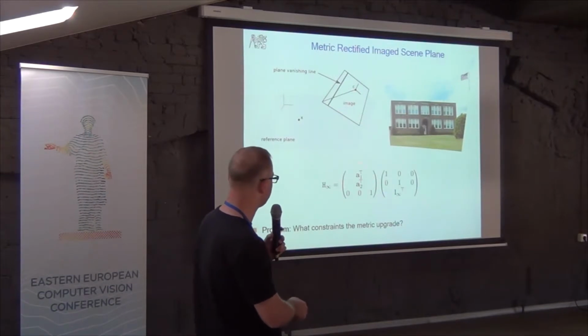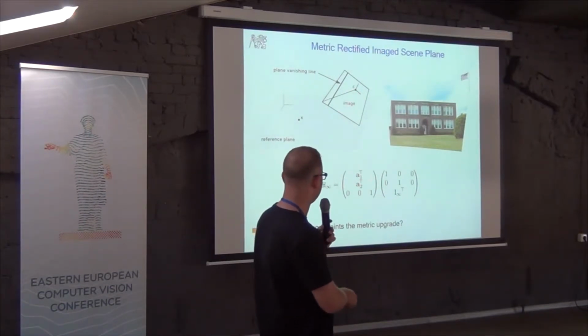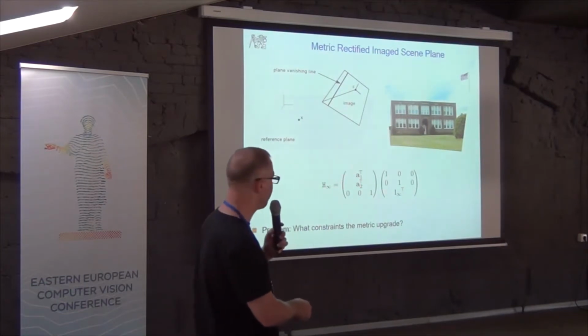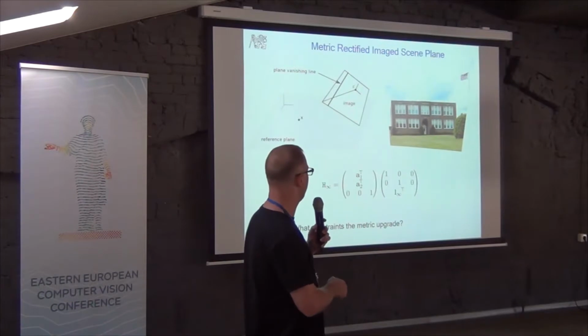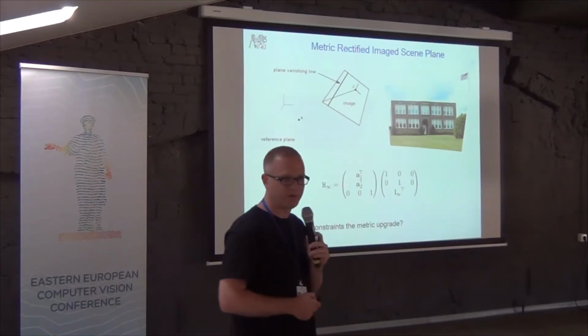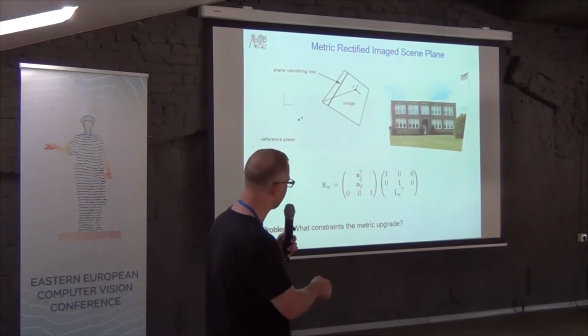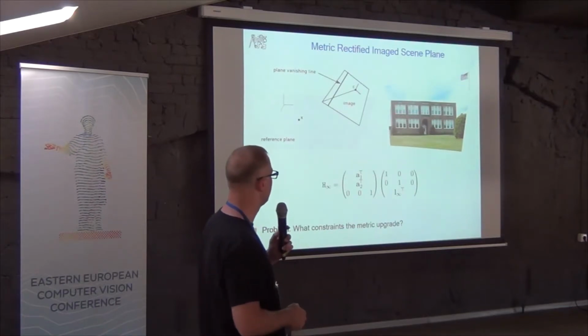Now I need to find these: we search for A1 transpose, A2 transpose. This is an affine matrix. I want to find the affine matrix that will take those parallelograms, these windows, and turn them into squares, or rather, preserve the right angles, so rectangles.